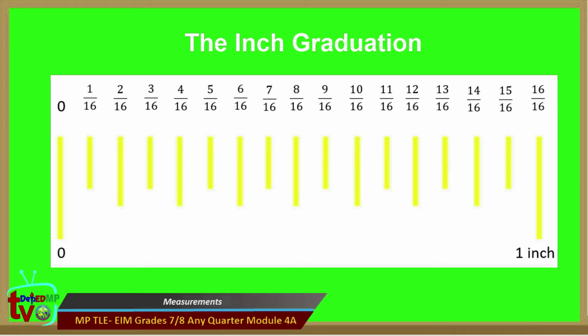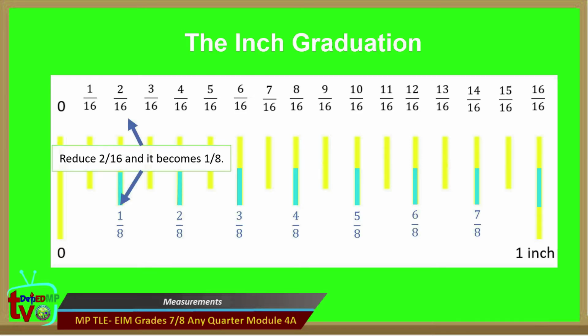Basically, each inch is broken down into 15 smaller marks, equaling 16 marks in total for each inch on the ruler. One mark represents 1/16 of an inch. 1/8 of an inch is represented by the blue marks. Definitely, if we reduce 2/16, it becomes 1/8. So does 4/16, and so on.